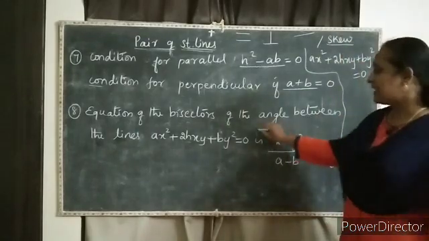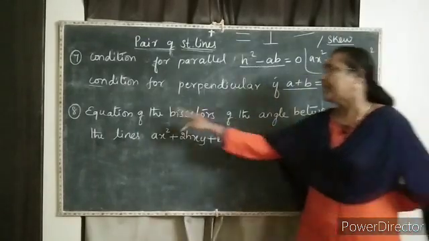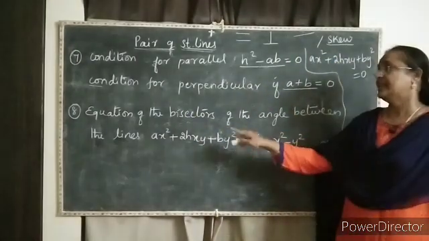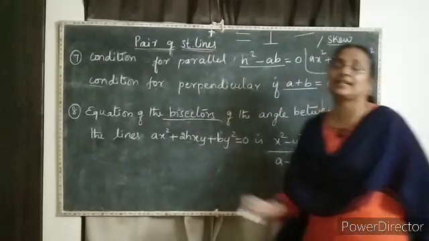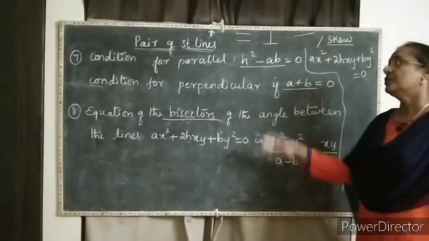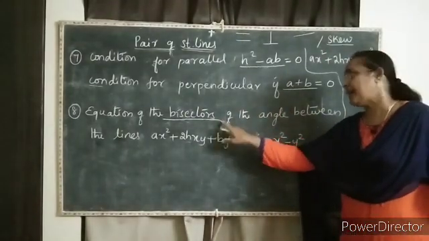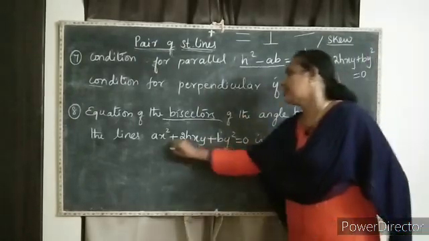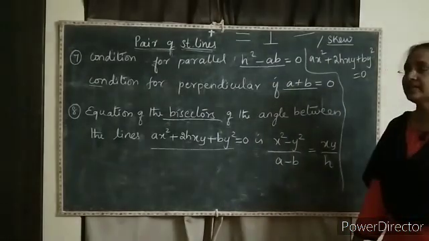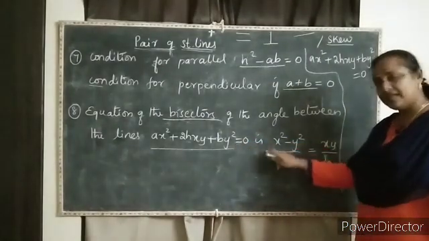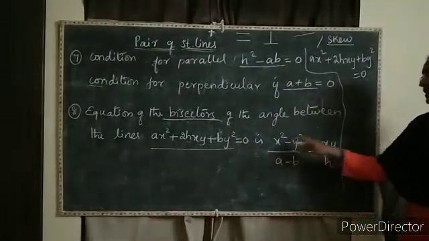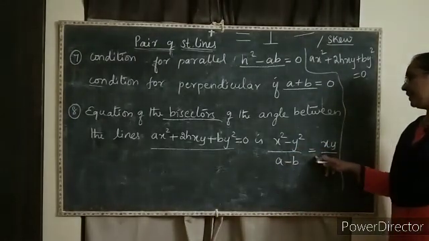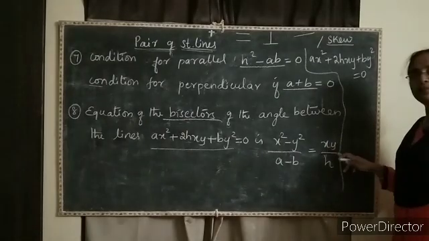Okay, now the next point we are going to discuss is the equation of the bisectors of the angle between the lines. The equation of the bisectors is very important. The equation of the bisectors of the angle between the lines ax squared plus 2hxy plus by squared equal to 0 is given by x squared minus y squared divided by a minus b equal to xy divided by h.